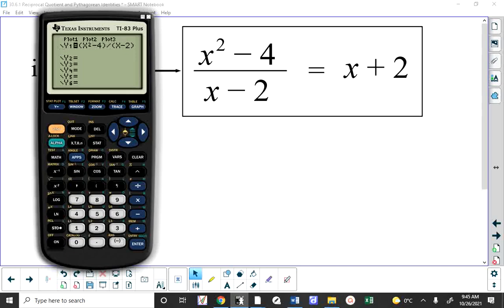If I don't, then it's just going to subtract 4 over the other stuff. And I do need brackets around the x minus 2. And for y2, I'm going to put x plus 2. And I would like you to humor me here and go to your table setup and start at 4 for x and go up by 1. Okay?